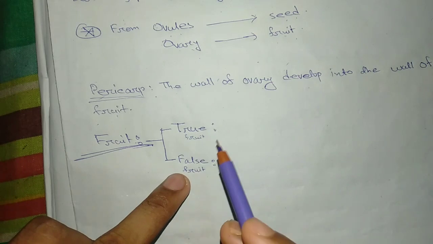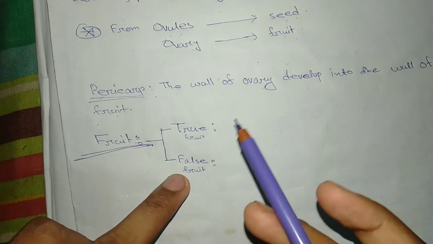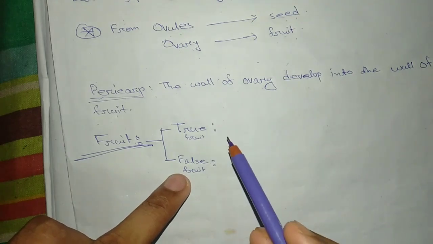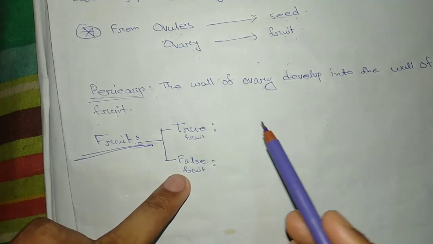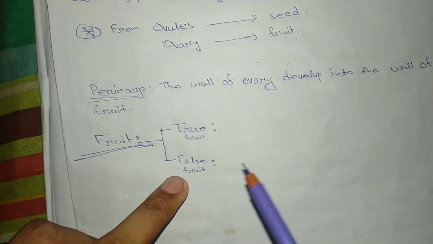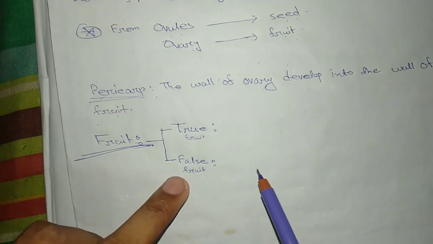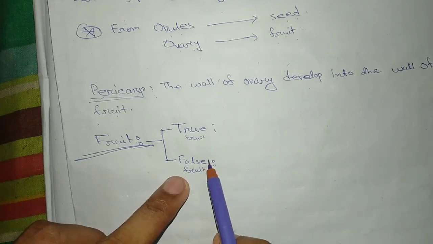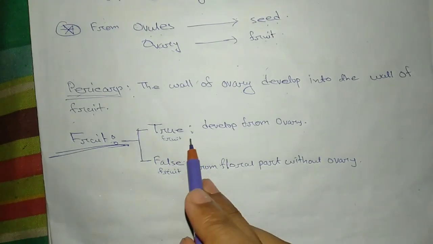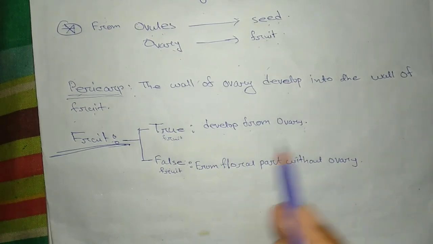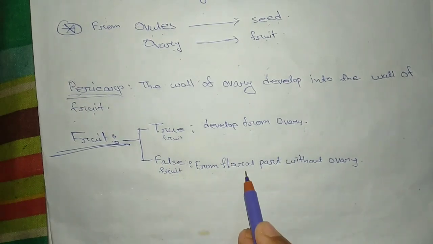Okay, true fruits are made or developed from an ovary. False fruit develops from floral part without ovary.